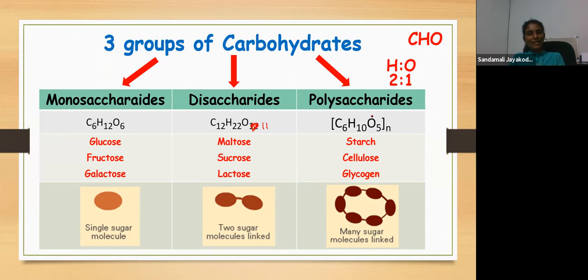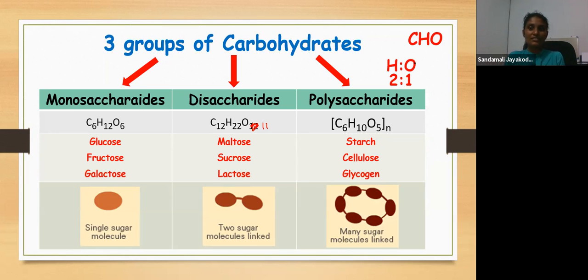Then I'm coming to the polysaccharide group. It has a large number of monosaccharide molecules connected together. These molecules are made up of combining many monosaccharide molecules, not just one or two.